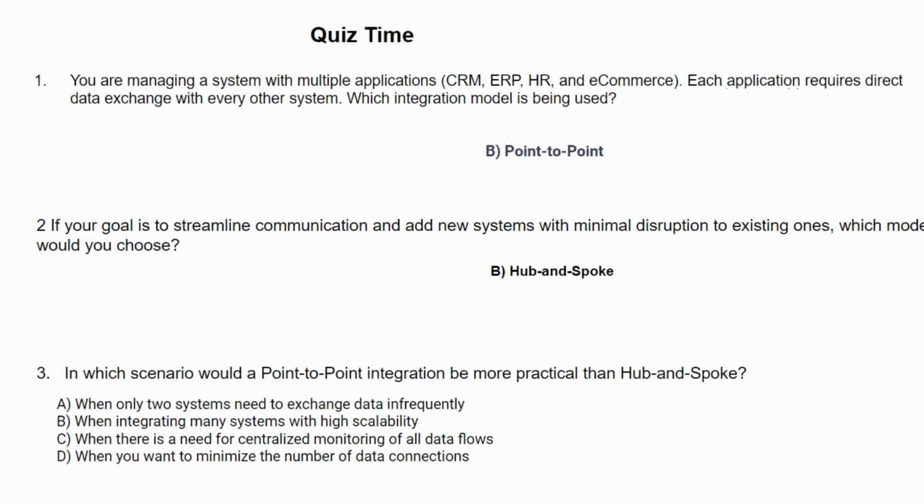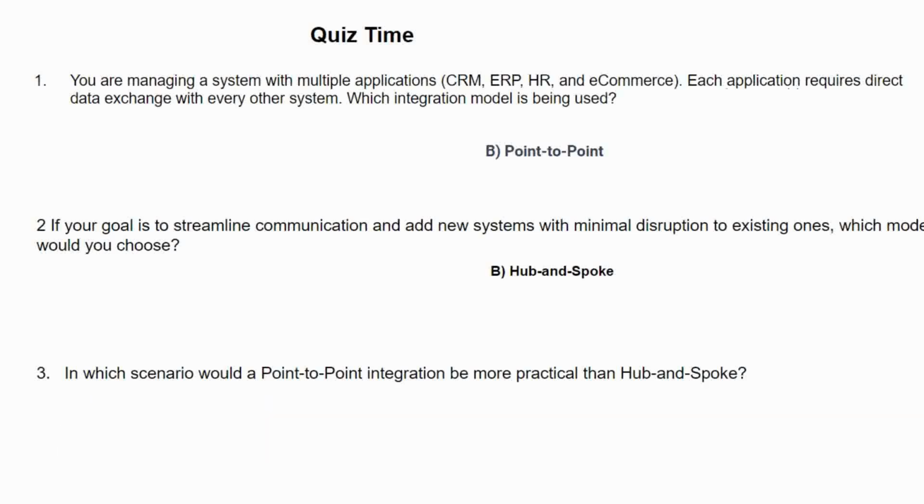The question is straightforward, but the options are a little bit tricky, so try to read between the lines. Let me give you the answer. That is when only two systems need to exchange data infrequently.